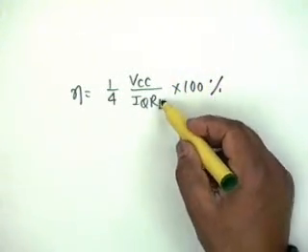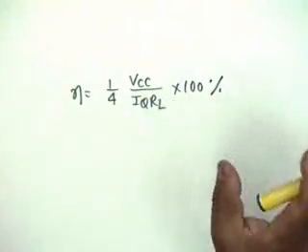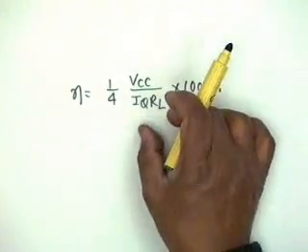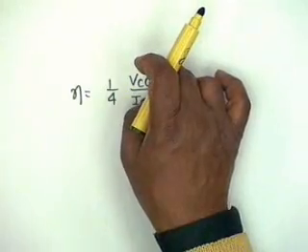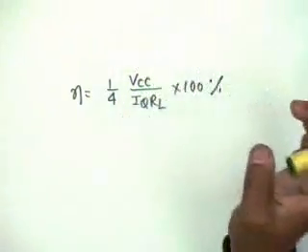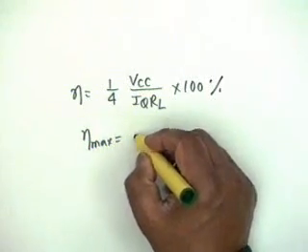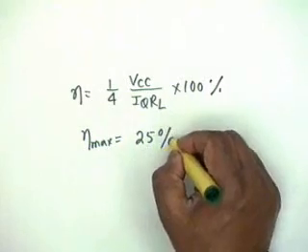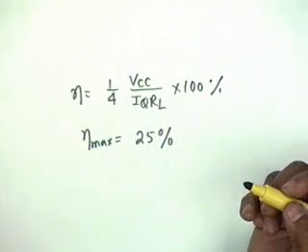You know that you have to design IQ such that IQ RL is approximately equal to VCC, or VCC minus VCE sat, but we are ignoring that. And therefore, eta max is only equal to 25%, the maximum efficiency.